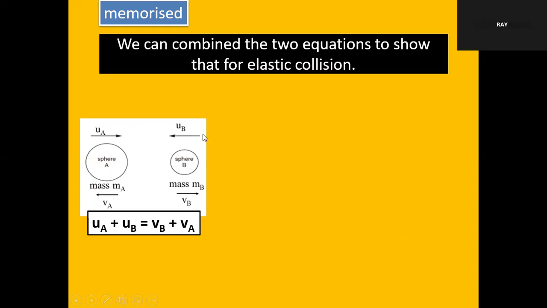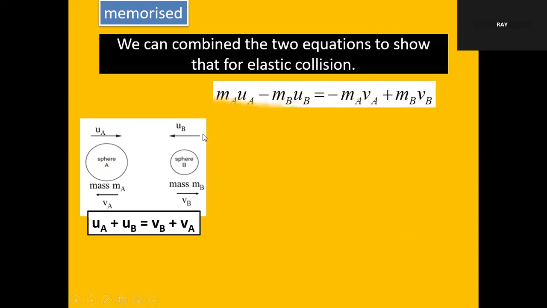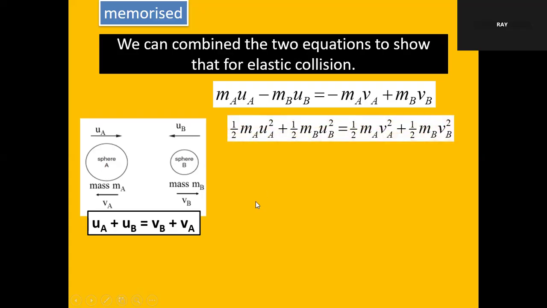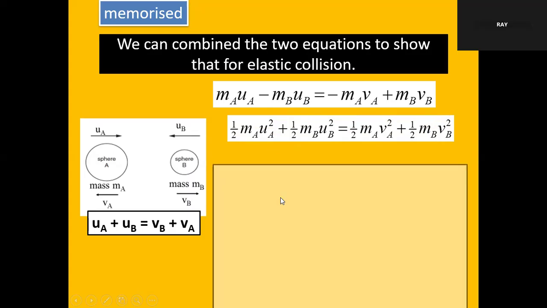This is all of them going together, and then after collision, both of them are moving apart. And then you must be able to write the conservation of momentum formula from this picture. And if it's an elastic collision, then you should be able to write the equation for kinetic energy.